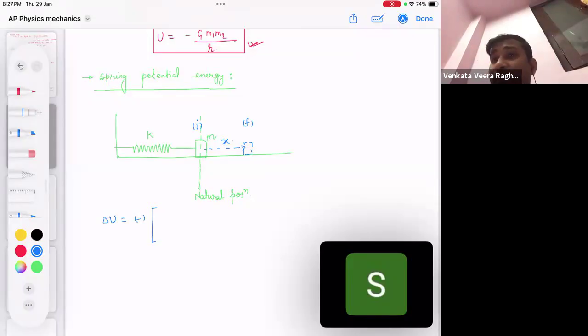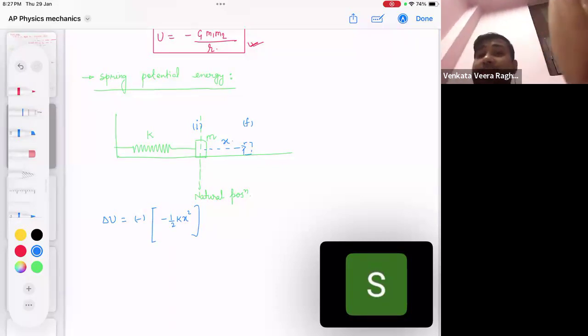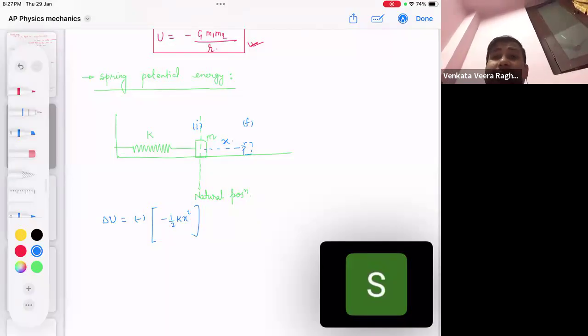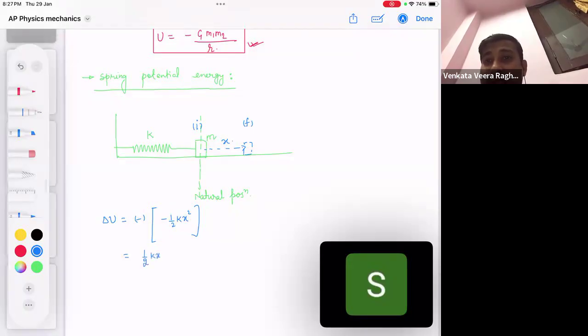So what is the work done by the spring force? If you elongate or compress the spring, it is minus half kx squared. That is what we have been using for a long time. Please keep in mind what I am writing here: work done by spring. So U final minus U initial is half kx squared.